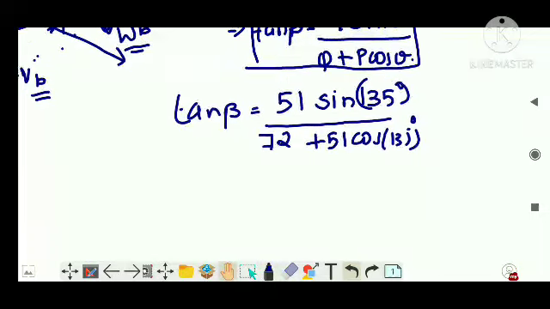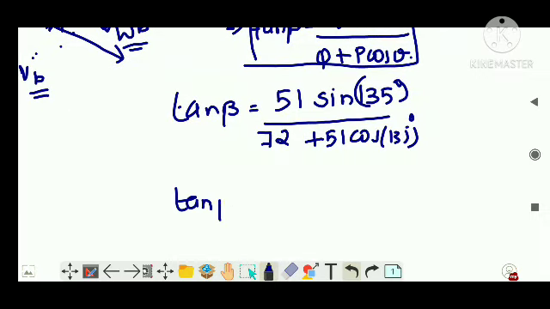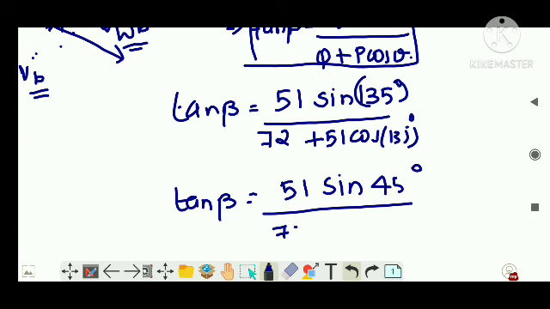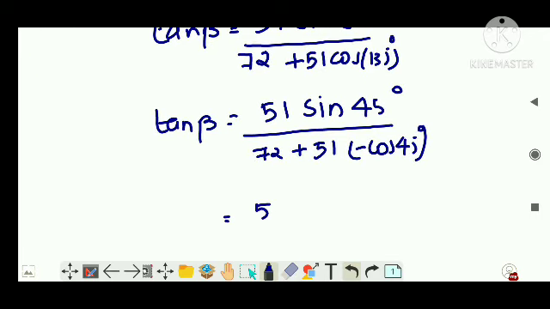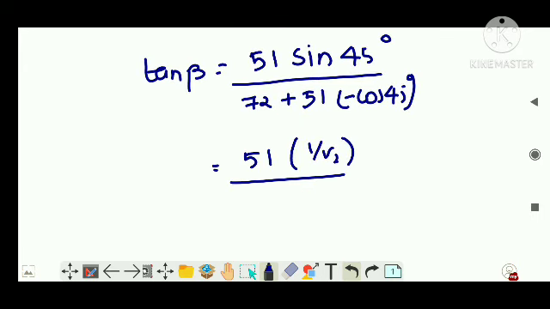Right, now this is something which is trigonometry. So tan beta is equal to 51 sine 135, which is sine 90 plus theta, which is sine theta, which is sine 45 degrees, over 72 plus 51 cos 135, which is cos 90 plus 45 degrees, that is minus cos theta, that is minus cos 45 degrees. Right, now put the values, guys. 51 sine 45 is 1 by root 2, over 72 plus 51 times minus 1 by root 2, right?